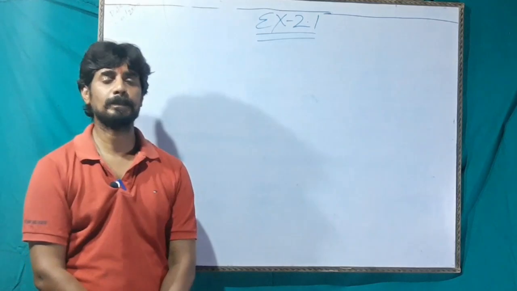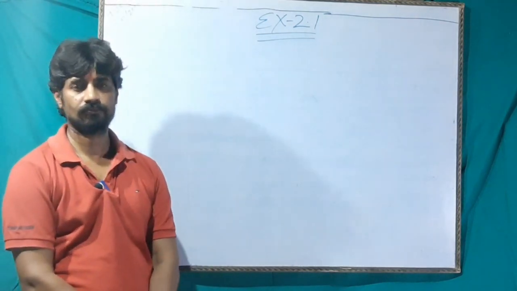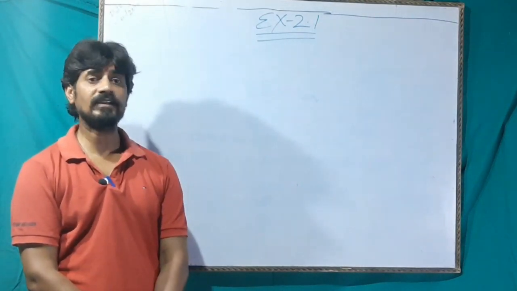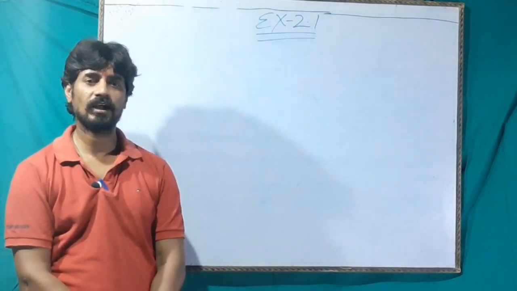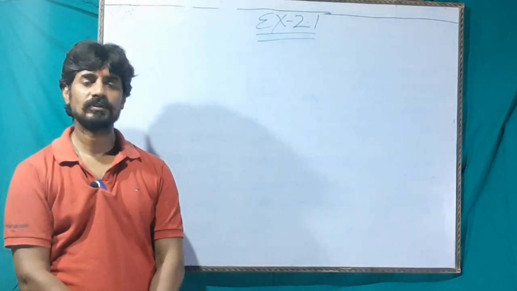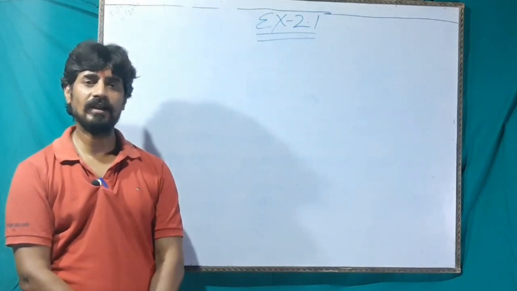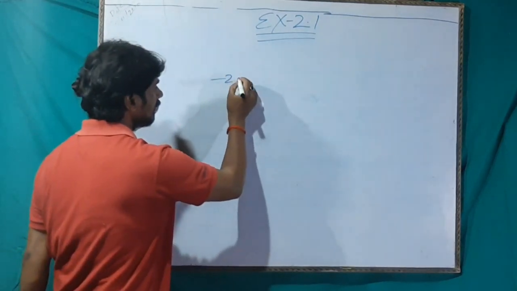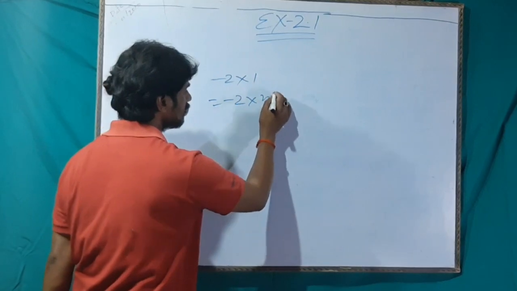If only -2 is given, that means -2 is also the coefficient of x to the power 0, because -2 can be represented as -2 into 1, and again we can write -2 into x to the power 0.